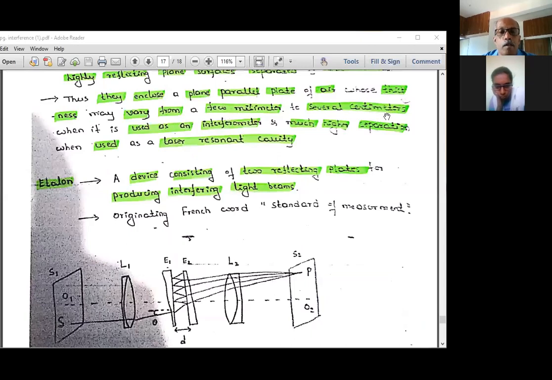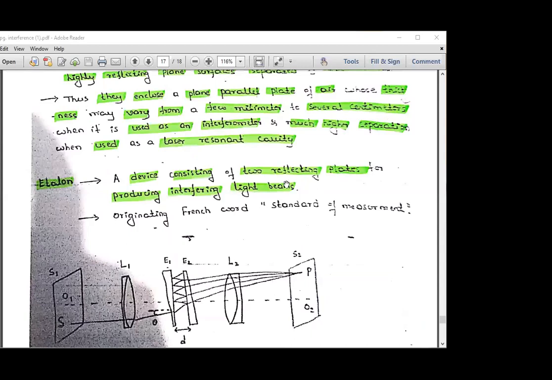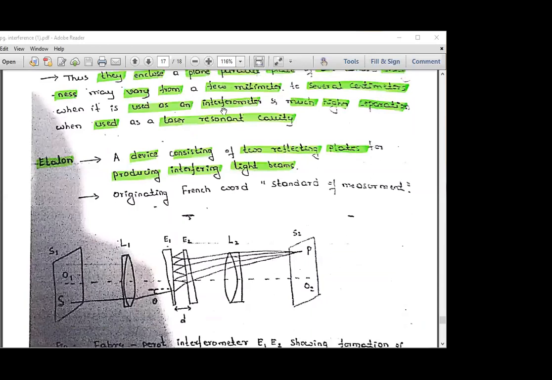It depends. The thickness of air film between the two glass plates, E1 and E2, varies between few millimeter to several centimeters. When it is used as an interferometer, the thickness of air between the plates varies between few millimeter to several centimeter.